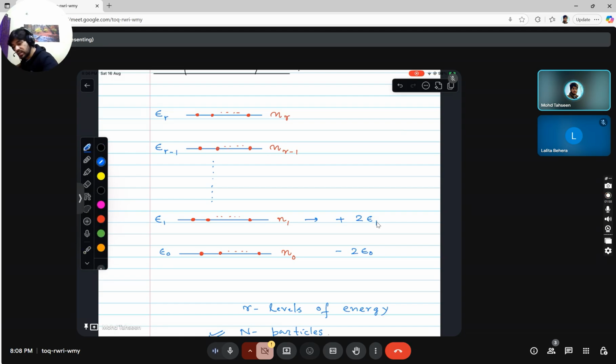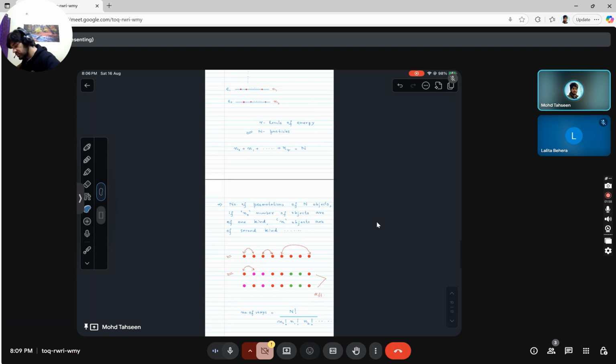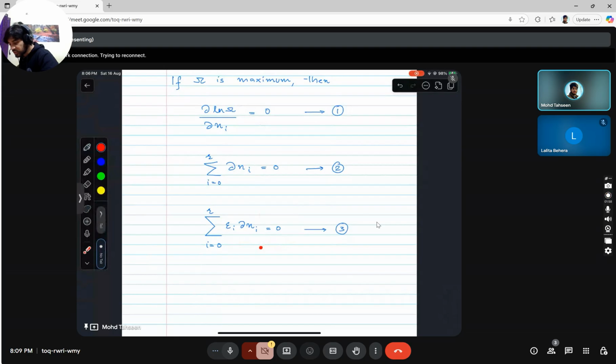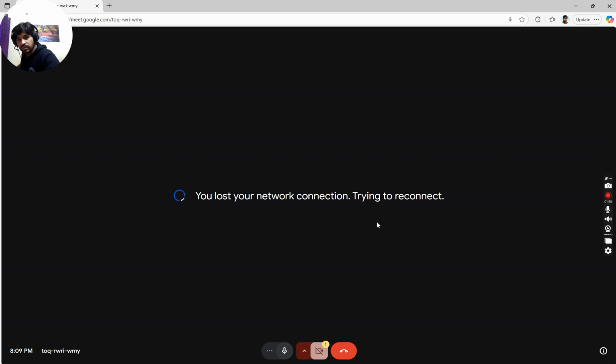Now if the energy of the system has to stay constant, then twice epsilon 1 minus twice epsilon 0 should be 0, right? Only then will the energy of the system remain constant. So similarly, if you do this for all the energy levels, you will get this constraint here. This basically is conservation of energy, again a constraint on the system. Now if we solve these three equations together, this is an optimization problem, if some of you are familiar with it.